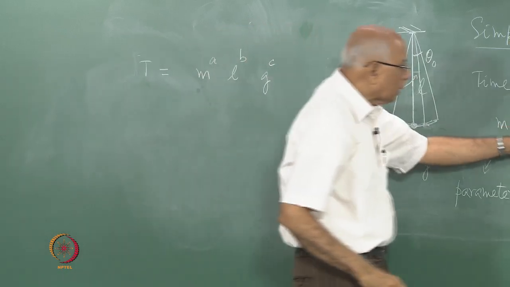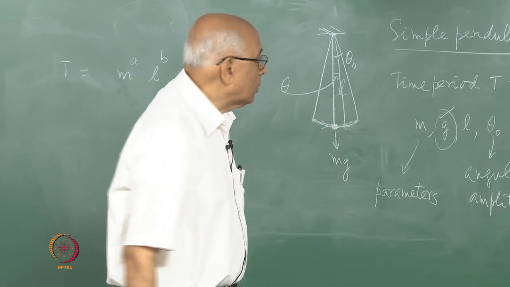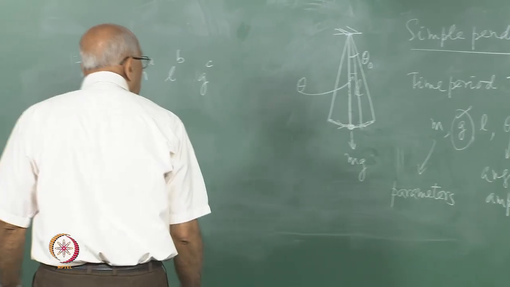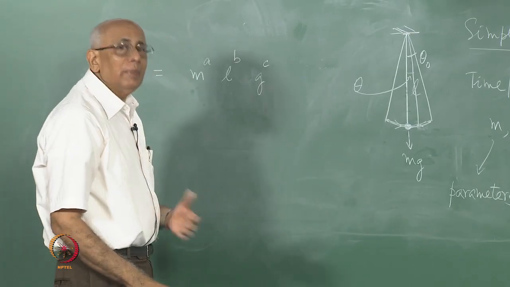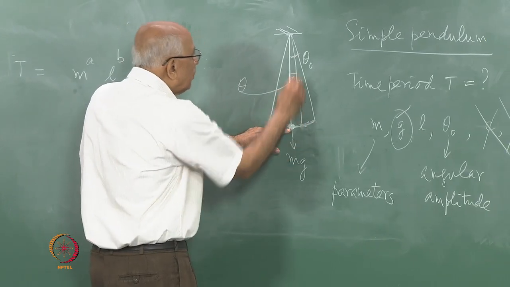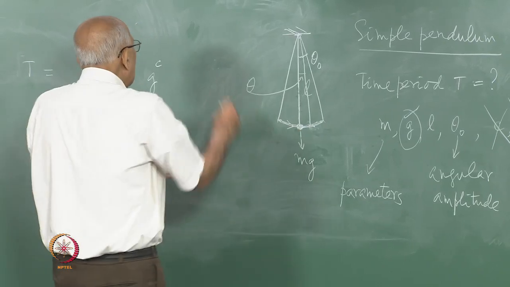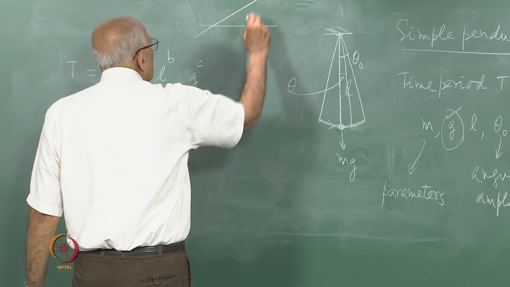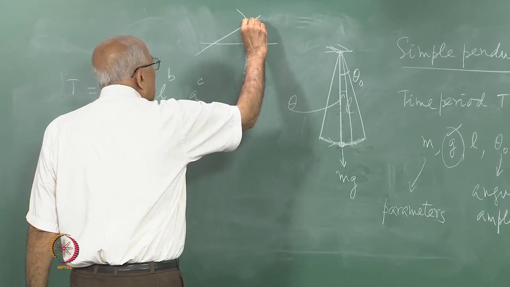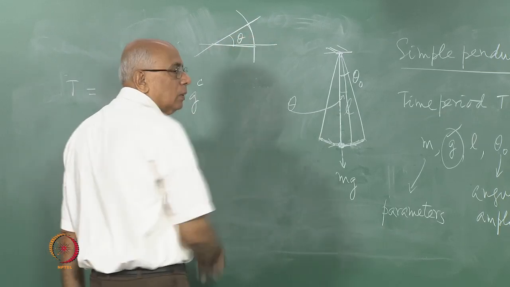And then theta naught, but what is theta naught? It is the angular amplitude. But as you know, the physical dimensions of angle: angle is dimensionless, because an angle is defined as the arc divided by the radius. How do you find the angle between 2 lines? What you do is draw an arc of a circle and argue that the arc divided by the radius is equal to the angle between the two.